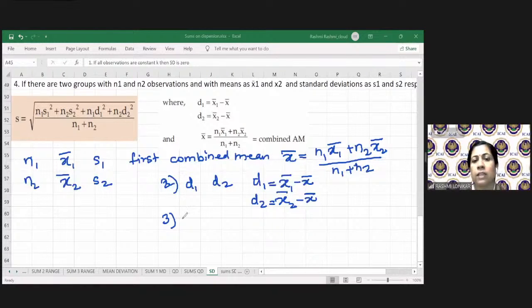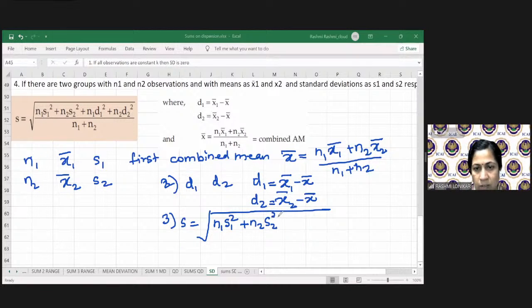Third, I have to put it in this formula. S is equal to square root of n1 into the standard deviation of the first group square plus n2 into the standard deviation of the second group square, that is variance, plus n1 into D1 square, plus n2 into D2 square.